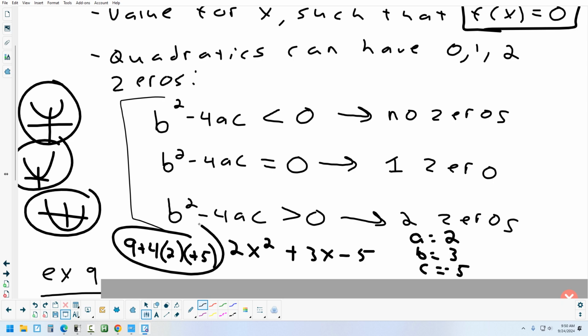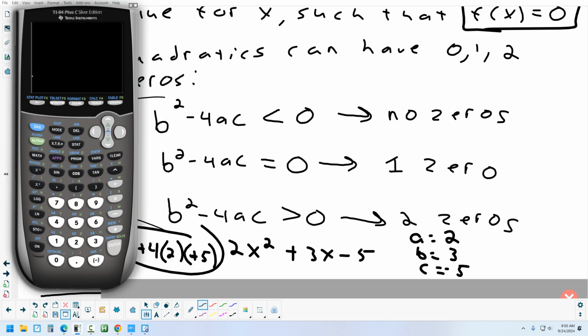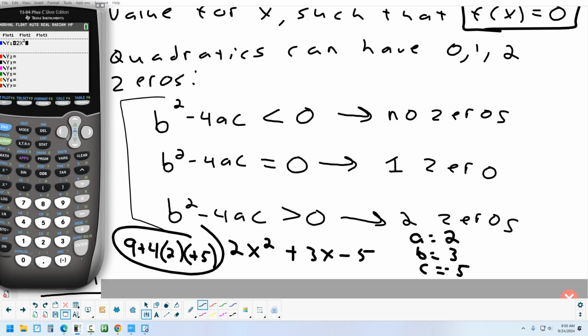That's going to be more than 0. So if I draw this, it should cross the x-axis how many times? Twice. How come? Right, because this is going to come out to 8 times 5 is 40, plus 9 is 49. It's going to come out bigger than 0.